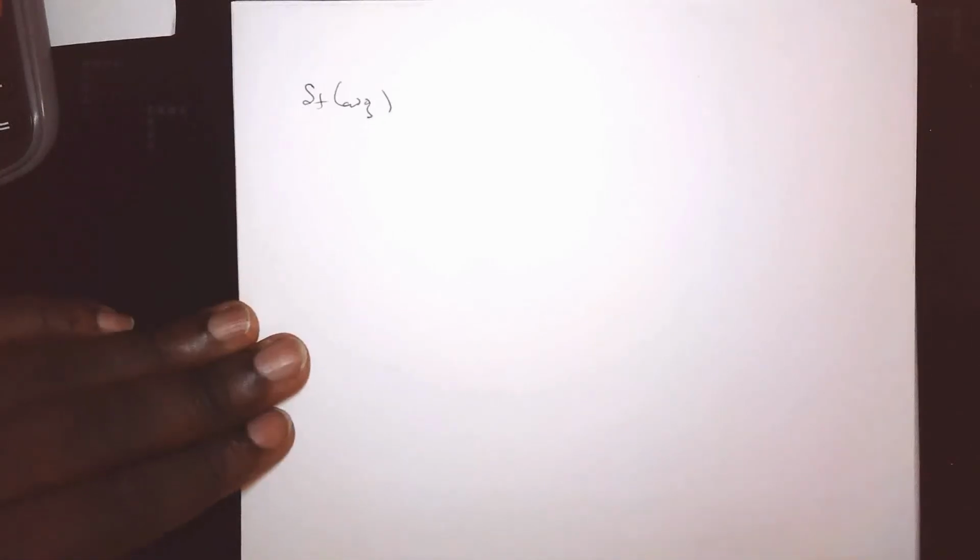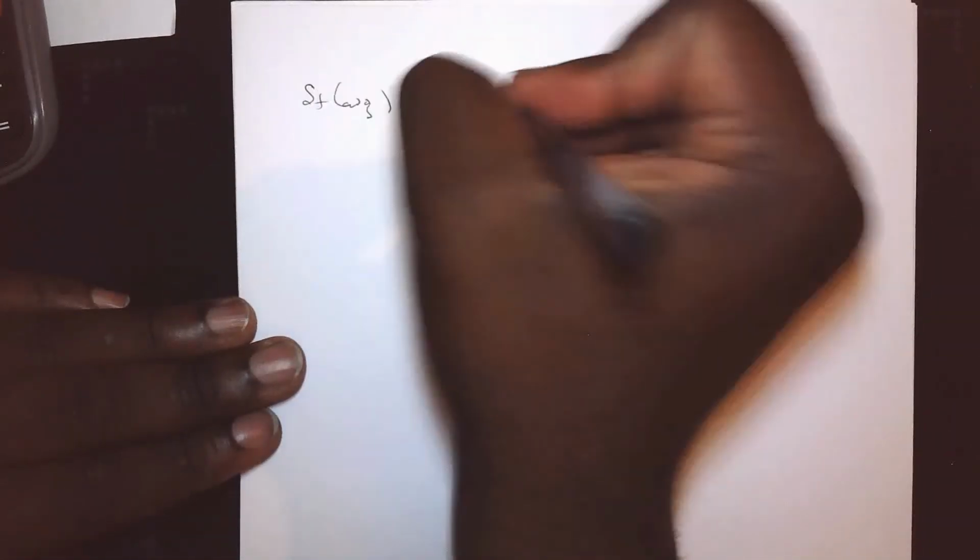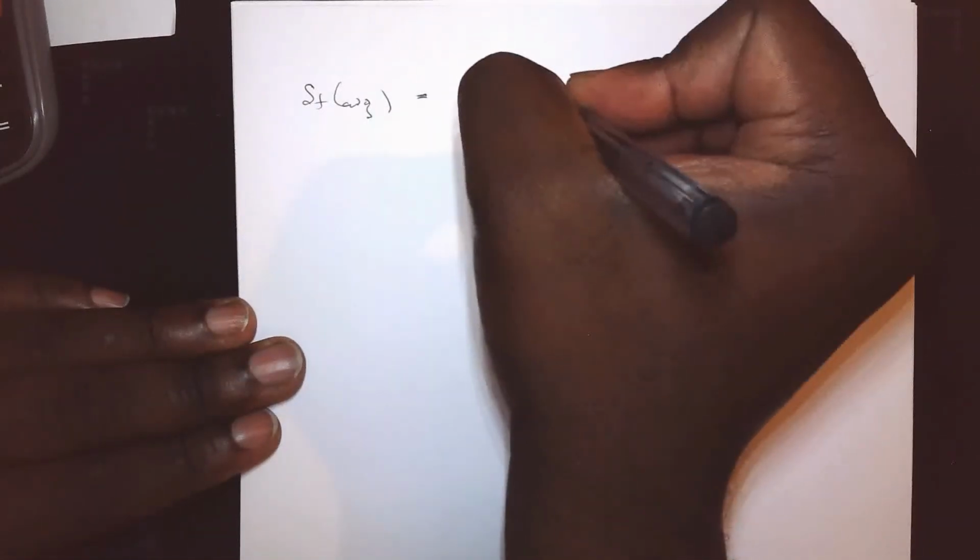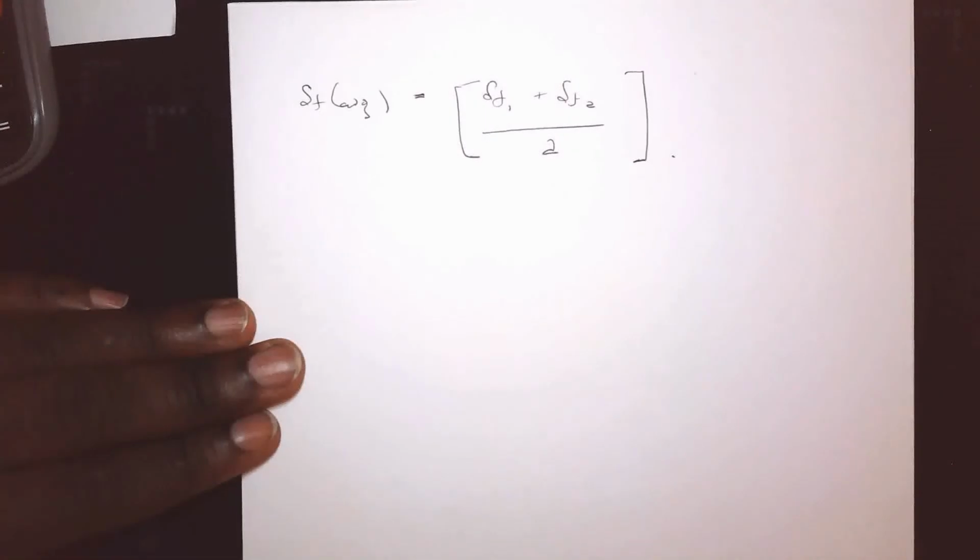So we're told to calculate the average. So safety factor average will be equal to the safety factor of section 1 plus the safety factor of section 2, all divided by 2.